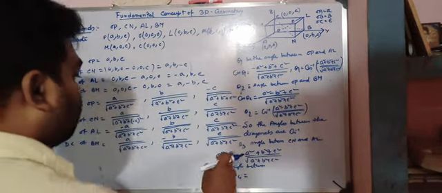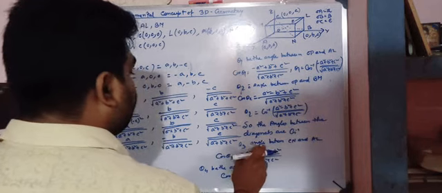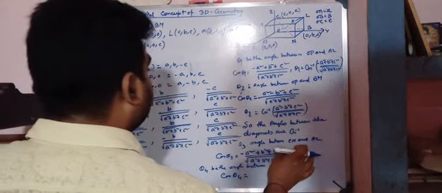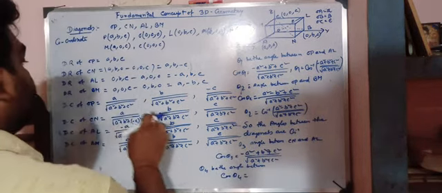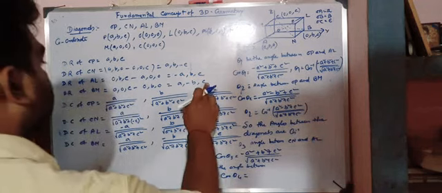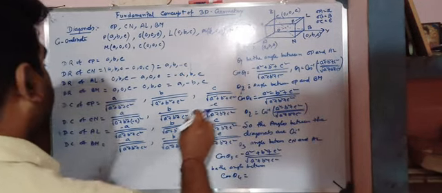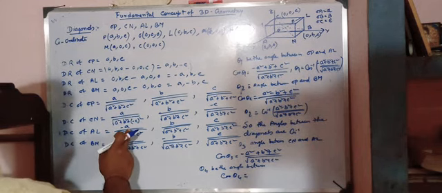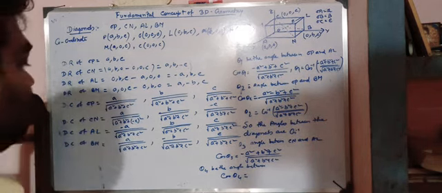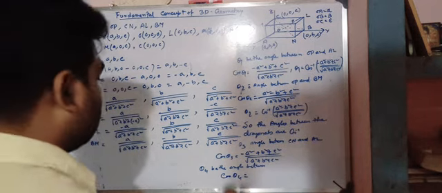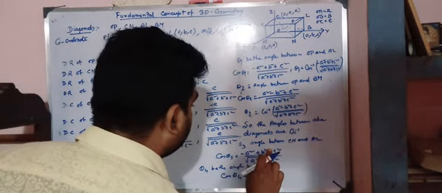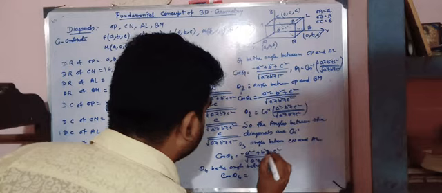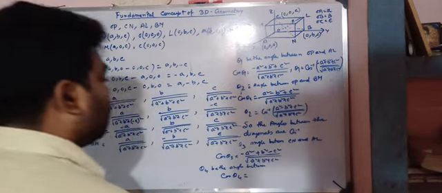So here the angle theta 3 is the angle between CN and AL. So cos theta 3 is equal to minus A square, here minus C square, obviously minus C square.